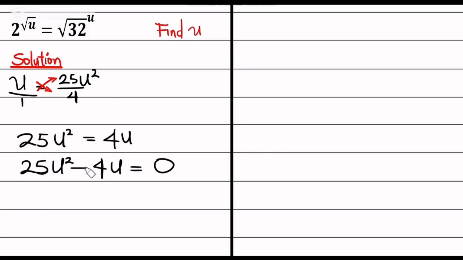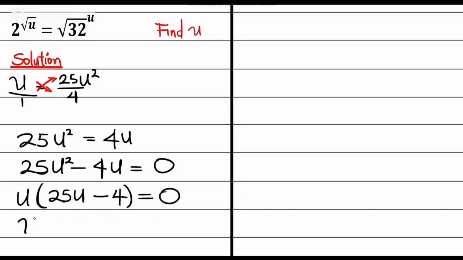Then this becomes u into 25u minus 4, and this is equal to 0. If we multiply two things and get 0, that shows that either the first one is equal to 0 or the second one equals 0.